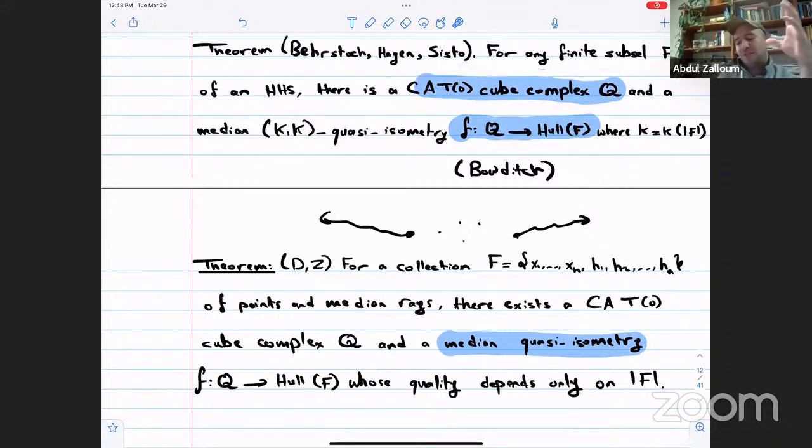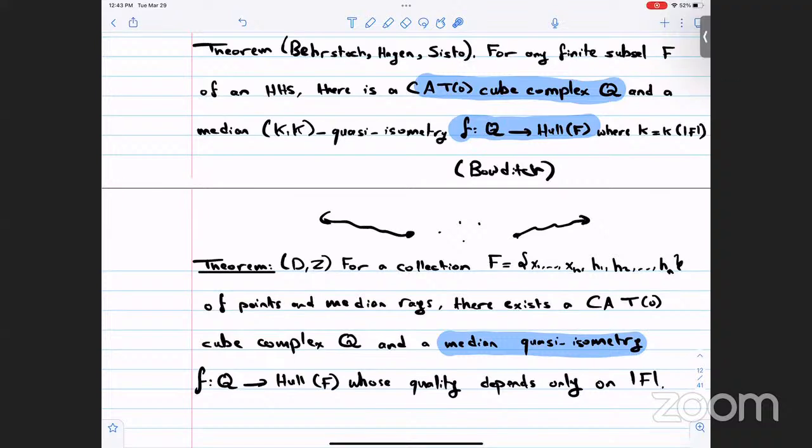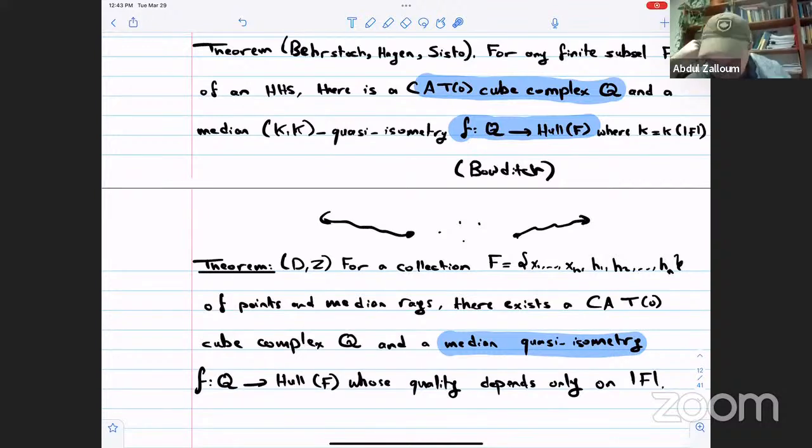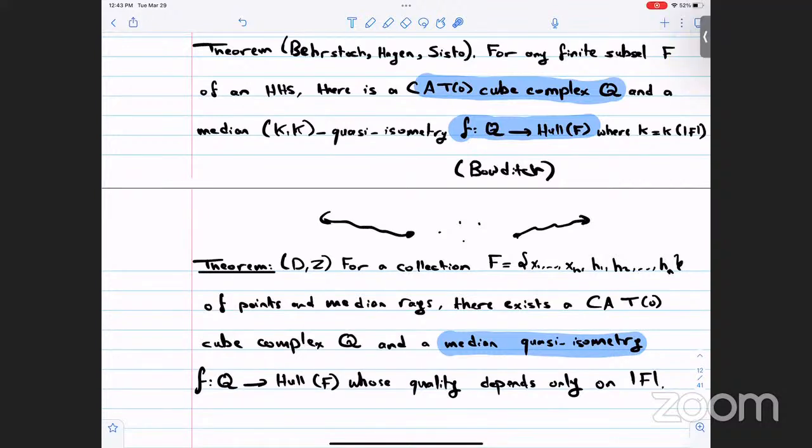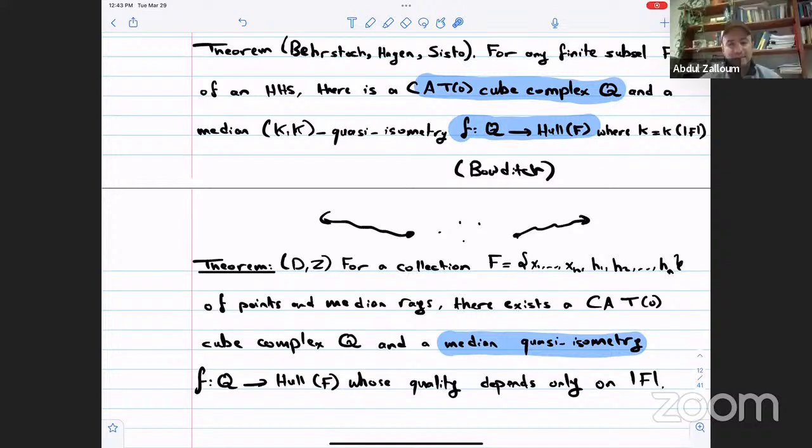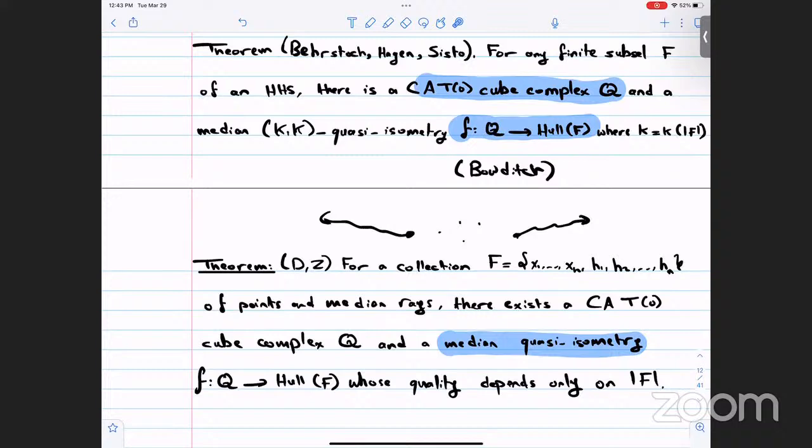Hand me a coarse median space where hulls exist, since you can define hulls independently of hierarchical hyperbolicity. How to take the center of three points in an HHS? You mean the projection to the hyperbolic space? Yeah, exactly. You do it in each hyperbolic space and you pull it back. Okay, thank you.